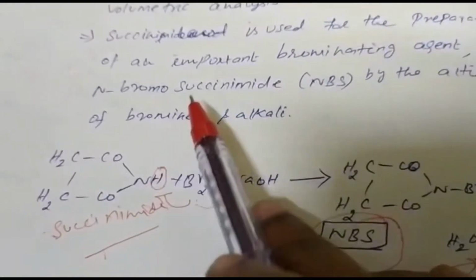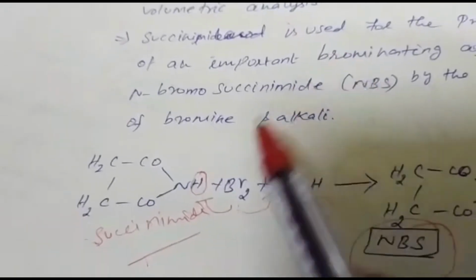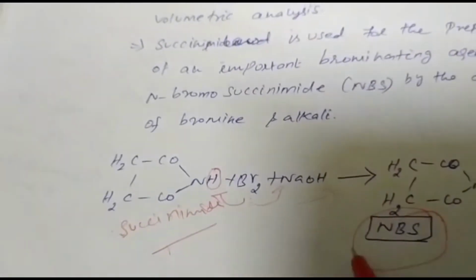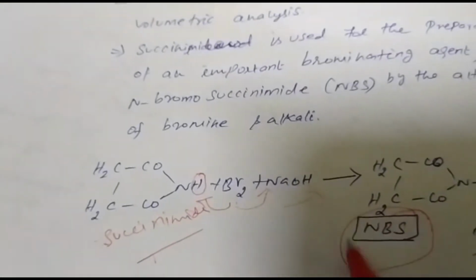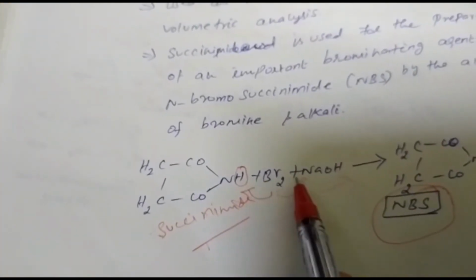The use of succinimide is that it is used to prepare an important brominating agent, N-bromosuccinimide. How is it prepared? The succinimide is treated with bromine and alkali to form N-bromosuccinimide. It is a very good brominating agent. It is used for bromination. So this is the succinimide. It reacts with bromine and sodium hydroxide.